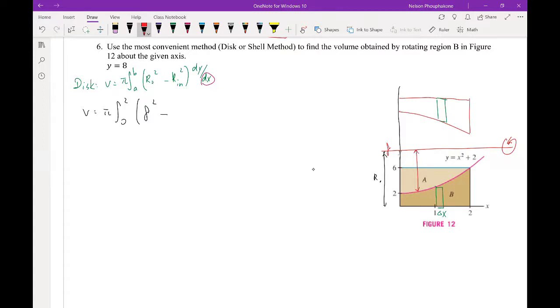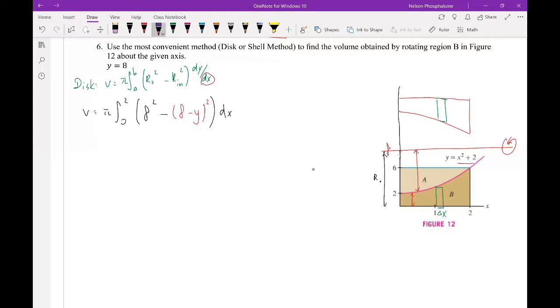So basically what we have here is 8 minus y, to the square, and then we are going to work with the x. Now you will see that in this case we would like to work with x, so I need to convert y depending on x, and we know that y equals x squared plus 2.